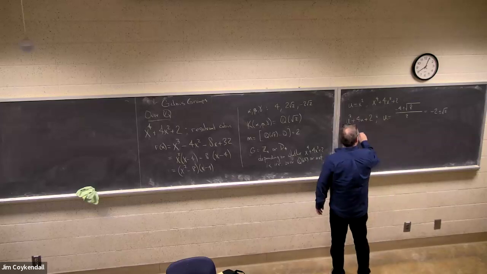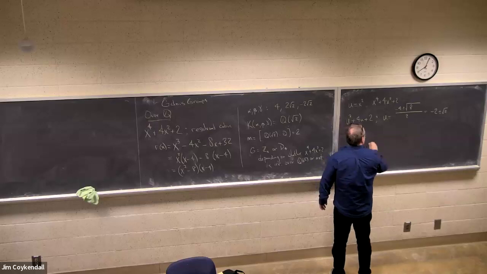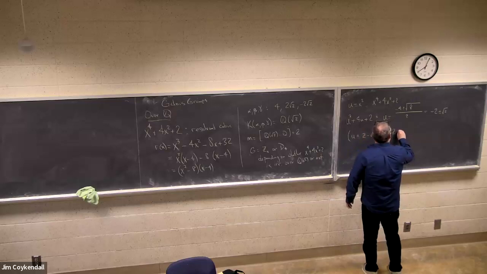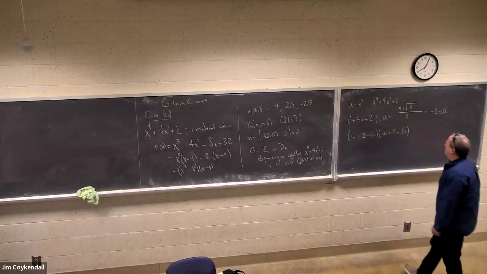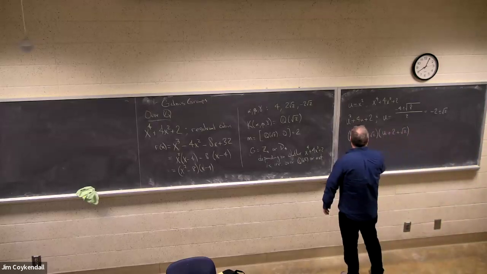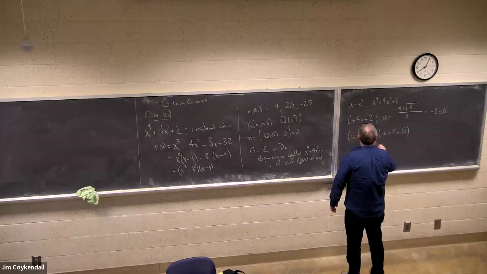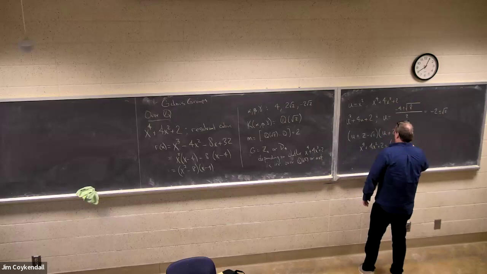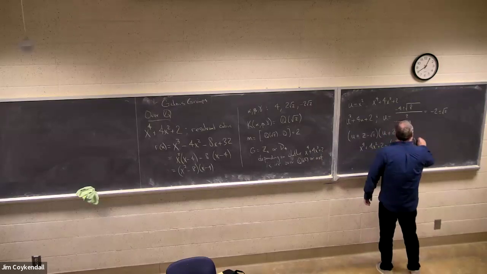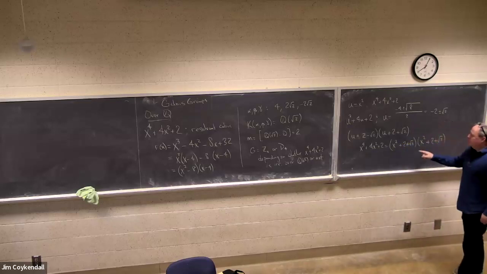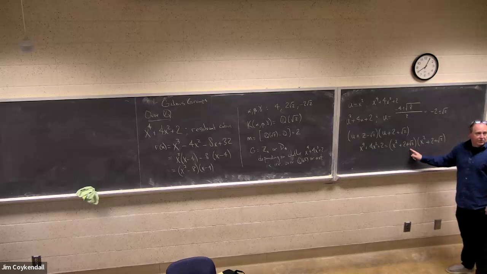So this should be u plus 2 ... and so what I get is x to the fourth plus 4x squared plus 2 is x squared ... So in particular, this polynomial reduces over that field, Q adjoin square root of 2.